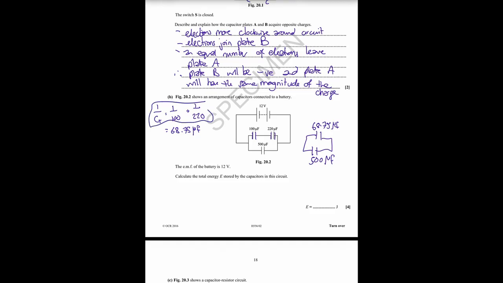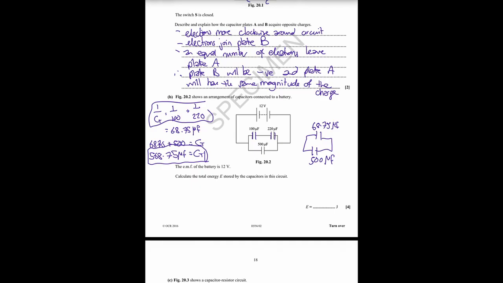Capacitors, I'm just going to add them together, so 68.75 plus 500. So the total capacitance is going to be equal to 568.75. Okay, so now I've got a simplified circuit with just one capacitor with this capacitance, in microfarads. So obviously I've still got to be careful with my units.